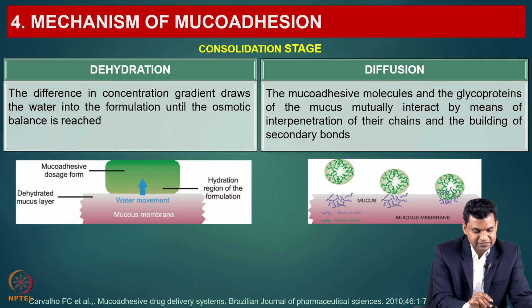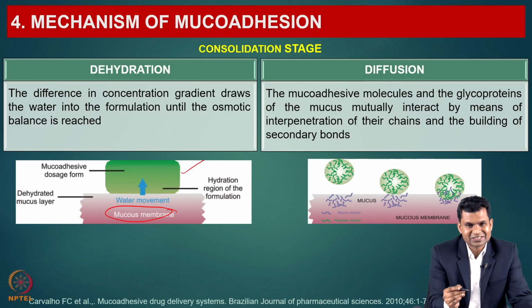The difference in the concentration gradient draws the water into the formulation until the osmotic balance is reached. Now, you can see this is the mucous membrane and this is your dosage form, the mucoadhesive dosage form. What happens after administration in stage 2, the consolidation?